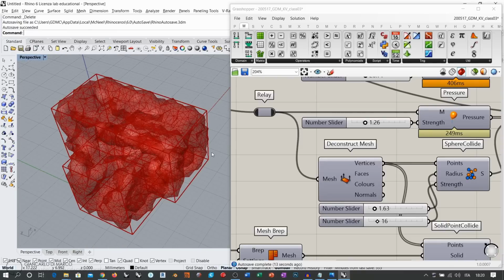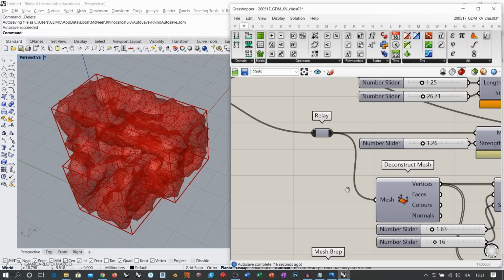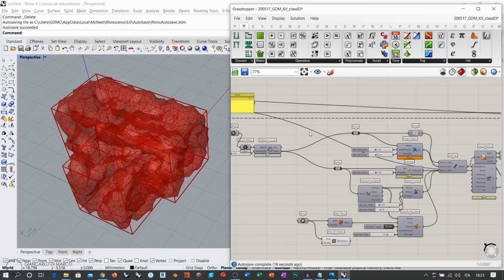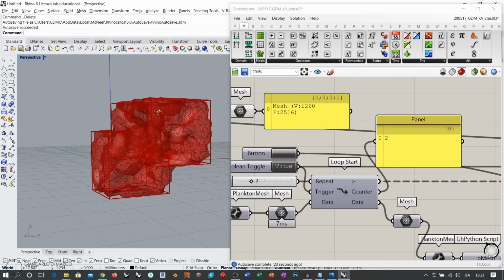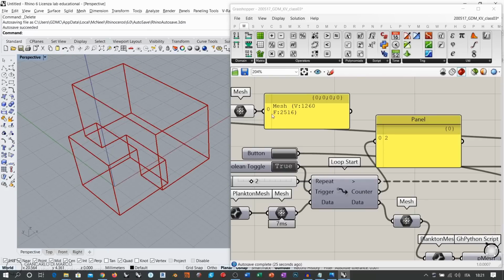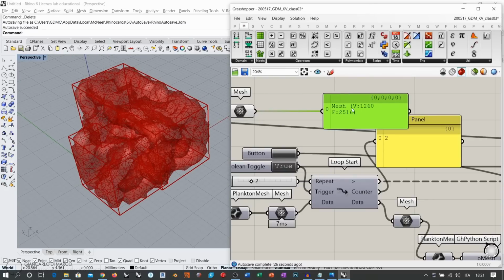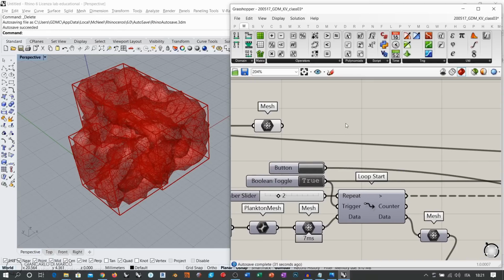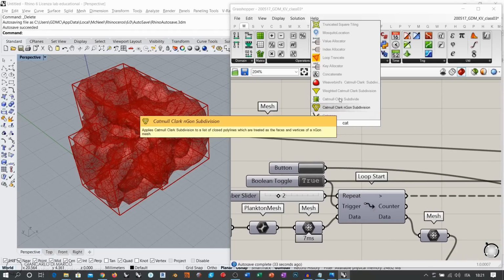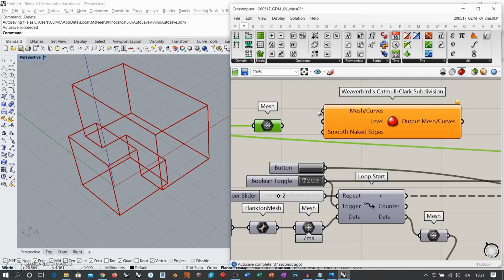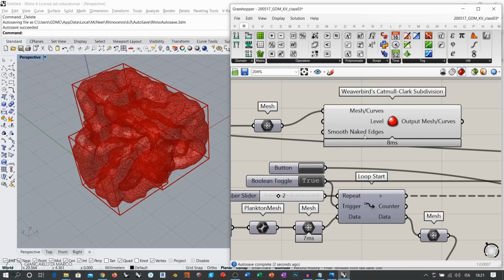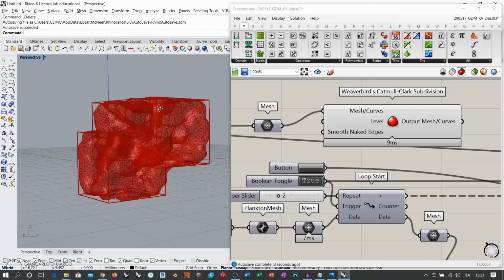Now the thing is that this object is quite irregular. Of course, you can obtain a more regular object by applying, for example, this was just a control panel, I don't want to see it anymore. You can use, for example, some Catmull-Clark subdivision in order to create a higher resolution version of your mesh.